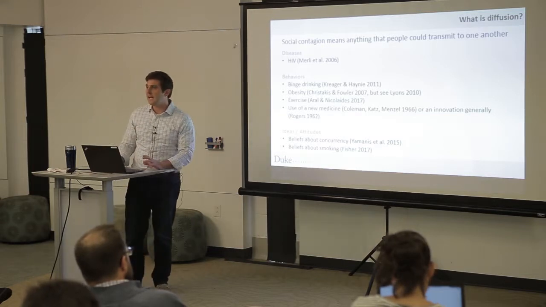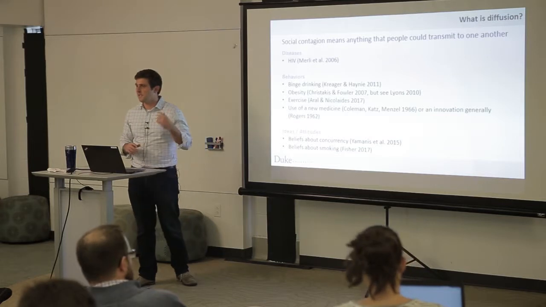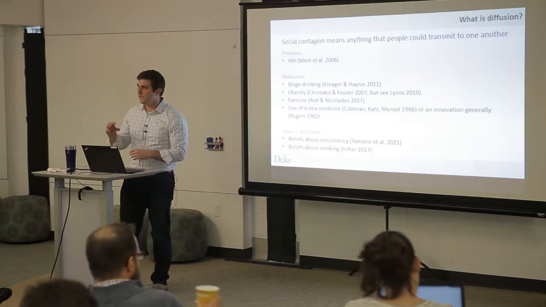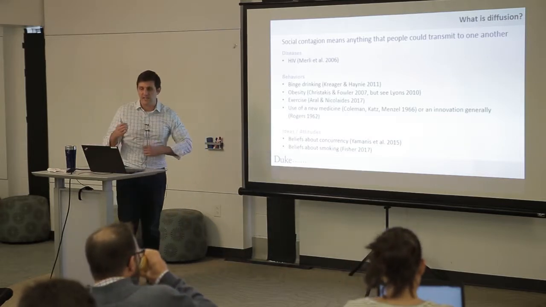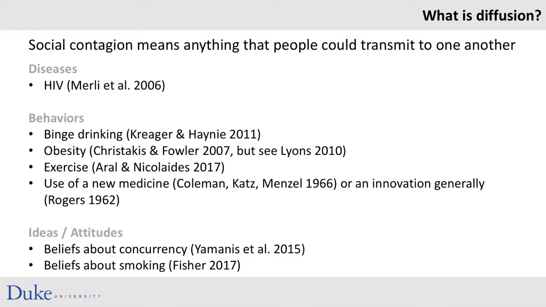As we get further and further away from the idea of diseases spreading through the network, it becomes murkier and murkier how it's actually happening. That said, increasingly newer papers have started to look at the actual specific mechanism. A relatively recent paper took advantage of differing weather patterns as a source of exogenous variation to see whether exercise spread through a social network, and in fact found that it did.